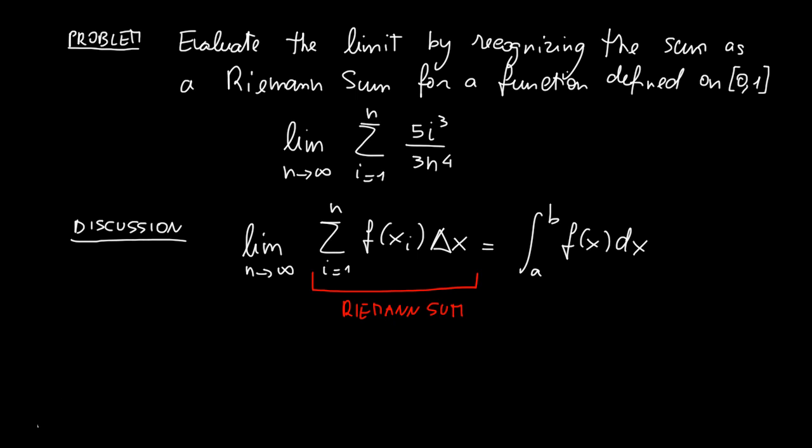In addition to that, the delta x, the interval that we get in the Riemann sum, is related to the boundaries of the interval of the integral by this expression, and the xi are defined as a plus i delta x.